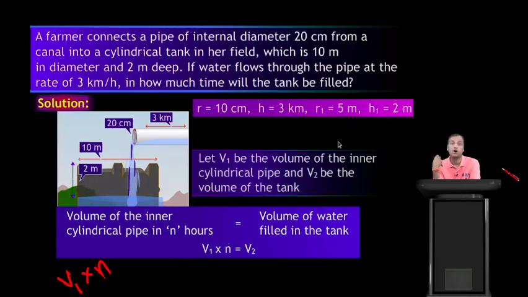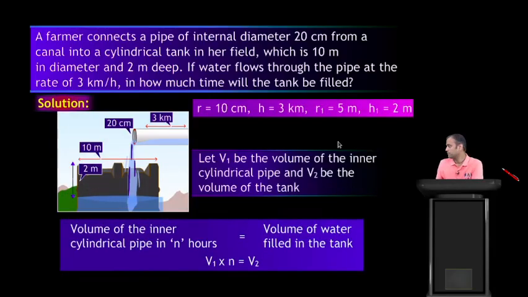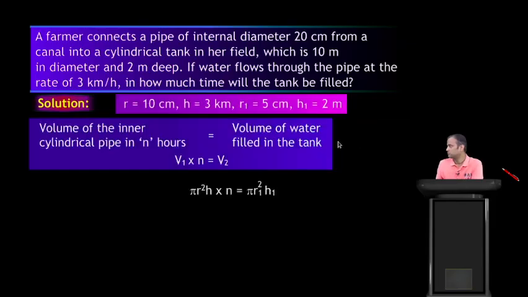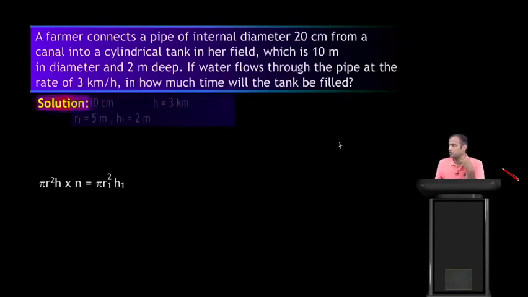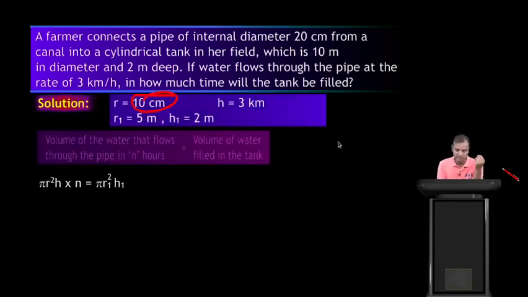So we have to find in how much time. So we will multiply this volume by n. So it is equal to the volume filled in the water tank, which is V2. Now put the values of V1 and V2 here. To solve this one, first we have to change the units of all these, because some are given in centimeter, some in kilometer, some in meter. Okay, so we have to change all these units into one single unit.